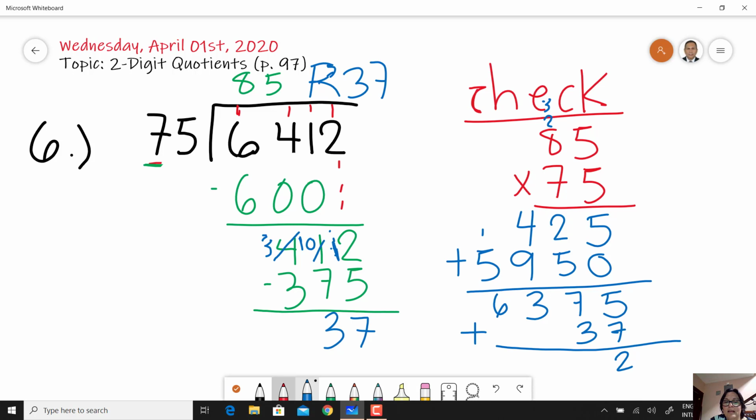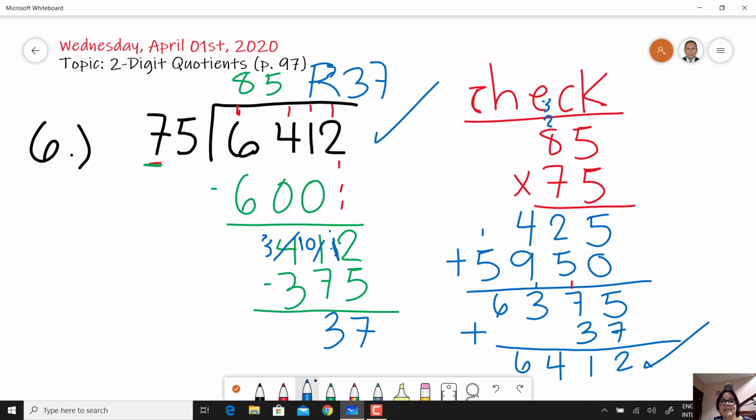Excellent. And 1 for here. 1 and 7, 8 plus 3, 11. Okay. 1 in here and 1 for here. 1 and 3, 4 and 6. So is this one the same with this one? Yes. So number 6 is correct.